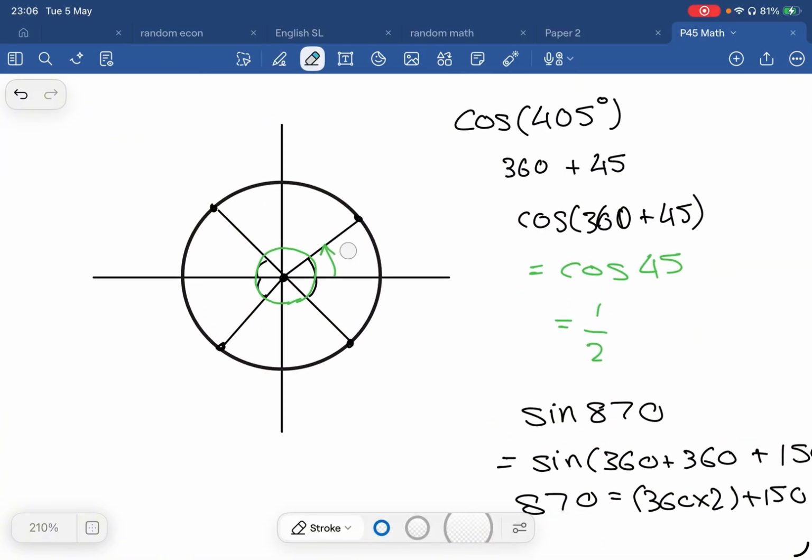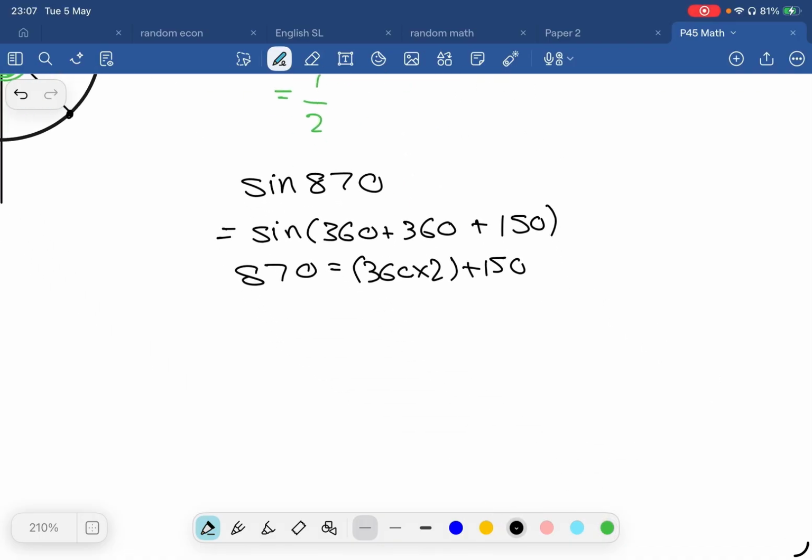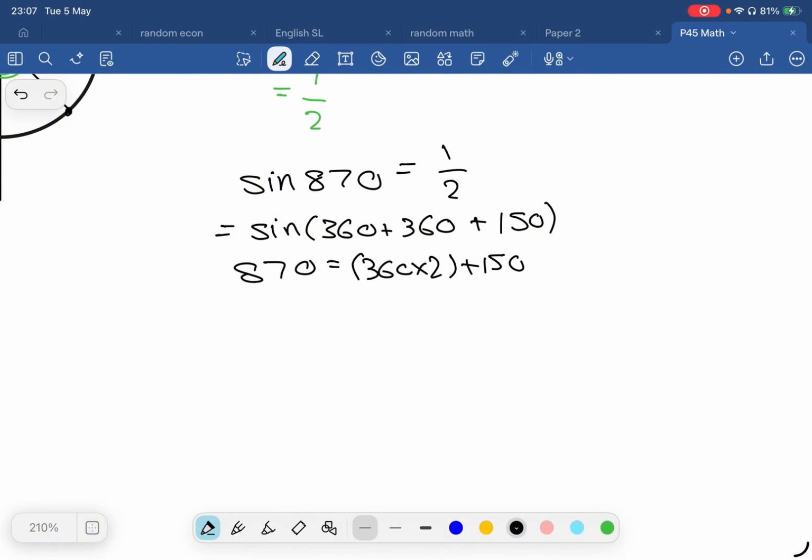Okay, so how would we find that? Well, it's just 2 revolutions plus 150 degrees. Okay, so plus 150. What's the y coordinate at this point? It's just 1/2. So sine of 870 equals 1/2.